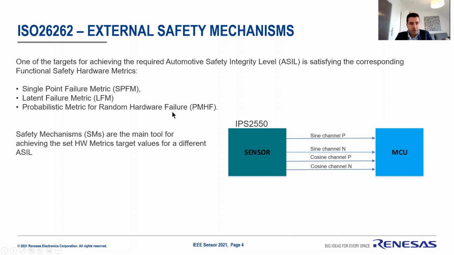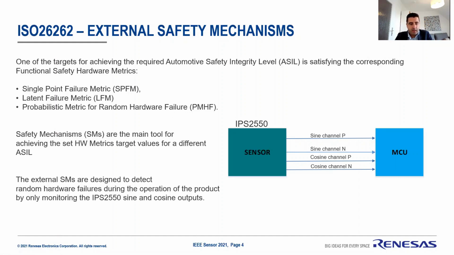So the main tool for achieving these metrics is the implementation of safety mechanisms. The safety mechanisms are classified into groups: internal to the sensor, so integrated, and external, so implemented on the MCU by monitoring only the output of the sensor.